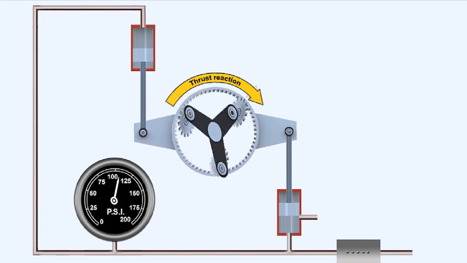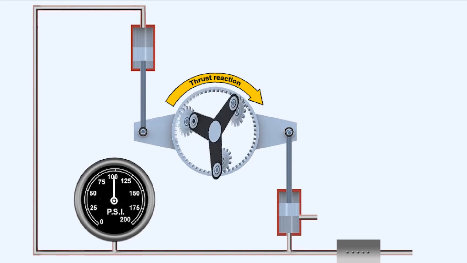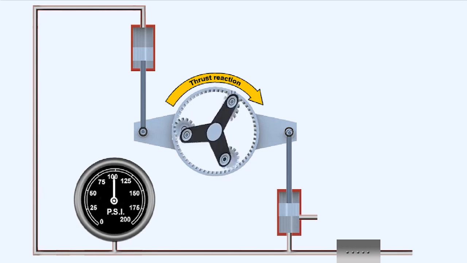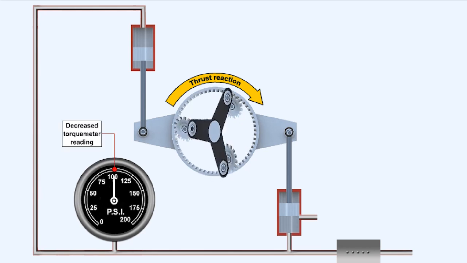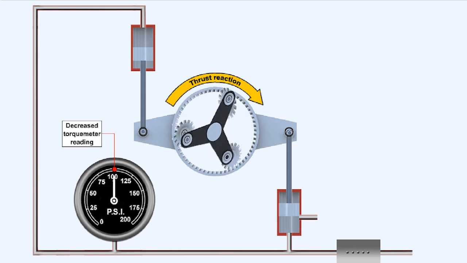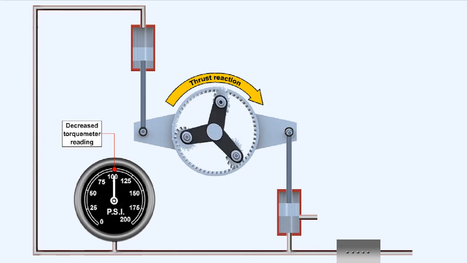This will cause the oil pressure to decrease until the piston moves back into the sensitive position, where torque meter oil pressure once again balances engine torque. The decrease in oil pressure required to achieve this balance is indicated on the torque meter gauge as a fall in engine output torque.